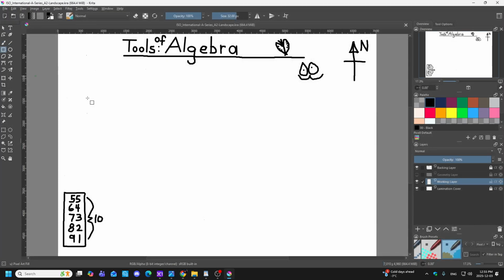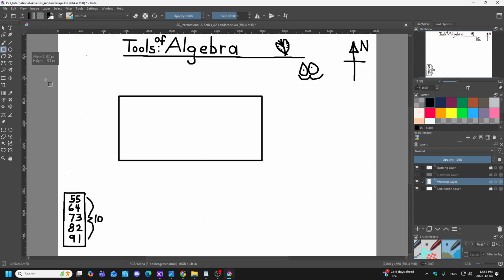Now, let me just quickly do a diagram here. All right, and just to display that, 90-degree corners. Typically, this is a rectangle. Of course, I'll do one for a square.